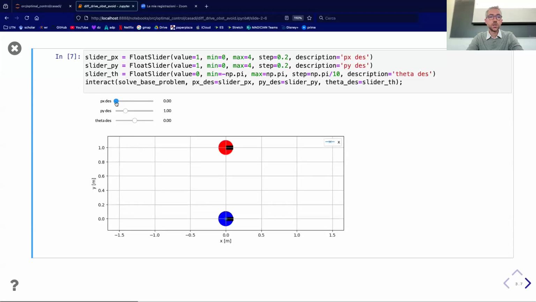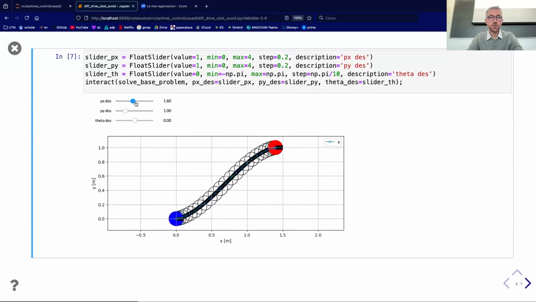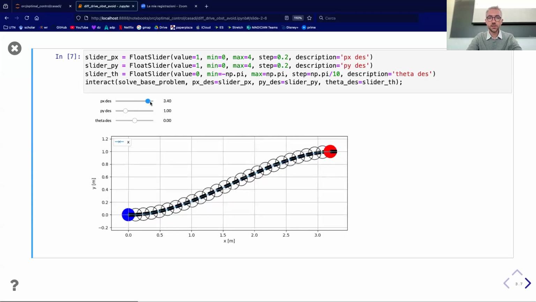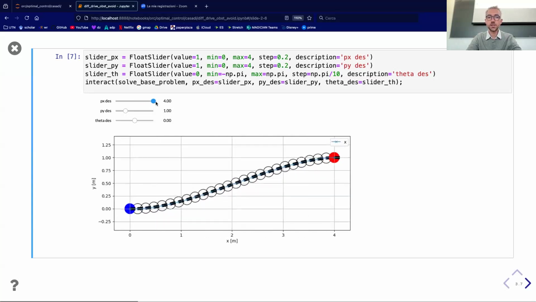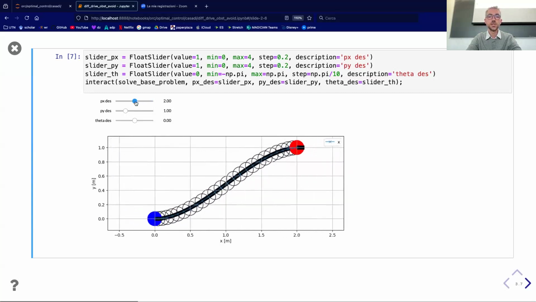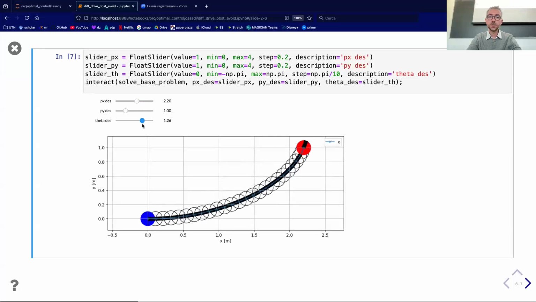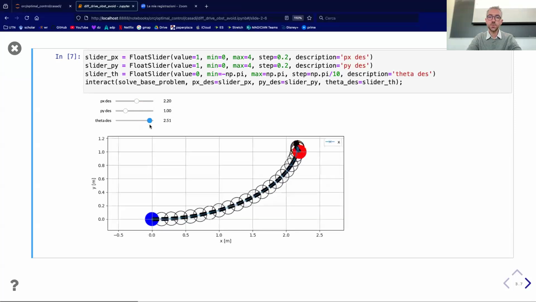So here, as usual, I created these sliders, which allow us to move the desired state for the robot to reach. And you can see as I move the desired state, the plot gets updated, and we can see in real time the solution computed by the solver. If I change the desired final orientation, you can see that the trajectory changes shape.